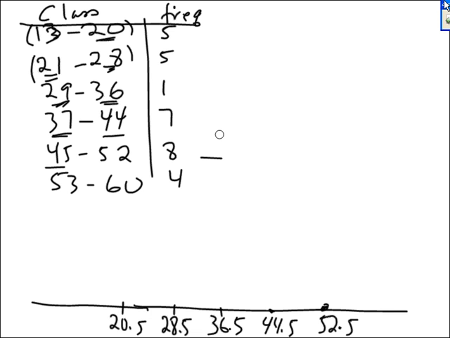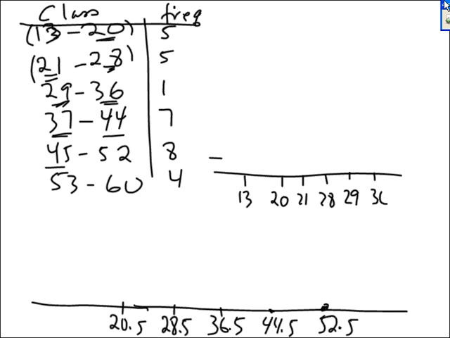But there's two others that we need to talk about. For example, one class went from 13 to 20, and then from 21 to 28, and then from 29 to 36, and that was one class, and that was a class, and that was a class, and there's some others.